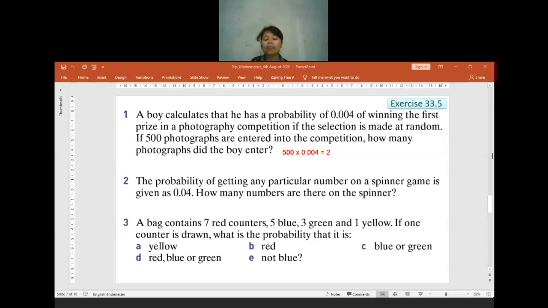So how many numbers are there to get 1? You can do it like a ratio. For one particular number, the probability is 0.04. Now, how many numbers are there in total to make the full probability, the full circle, which is equal to 1?